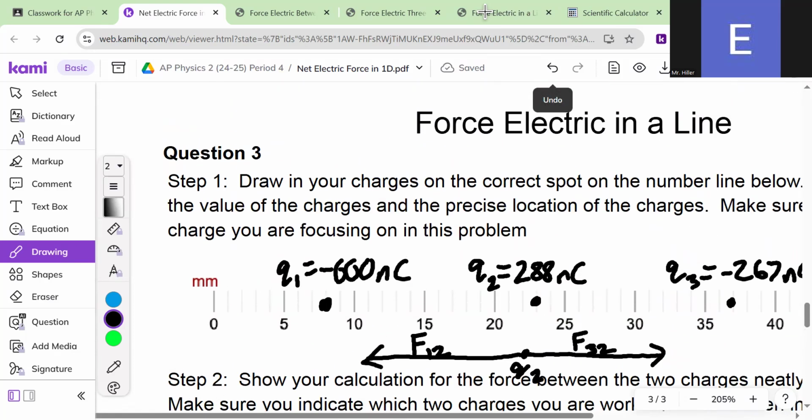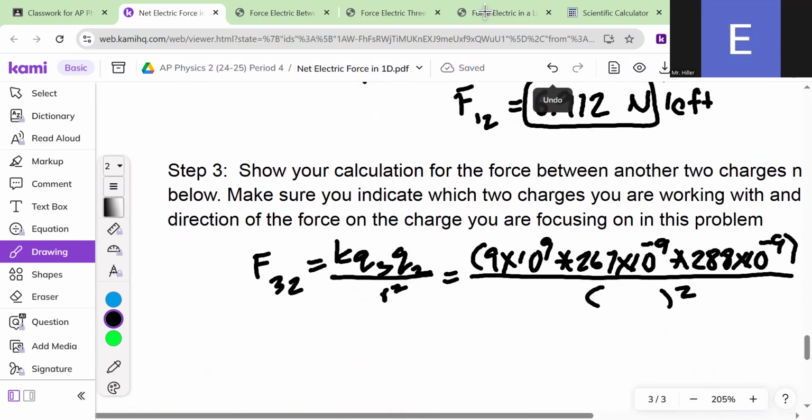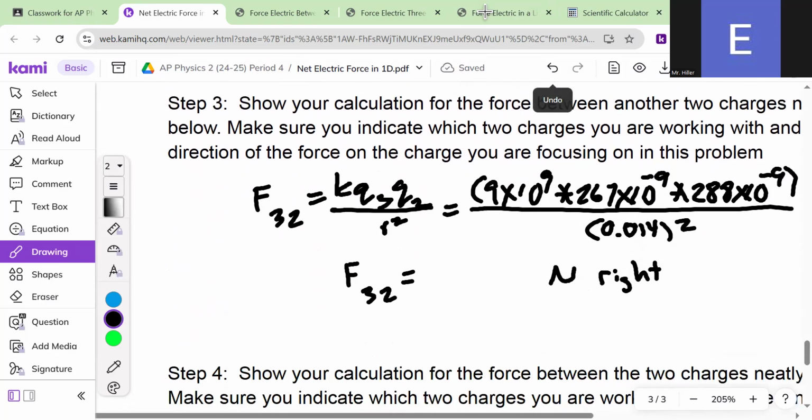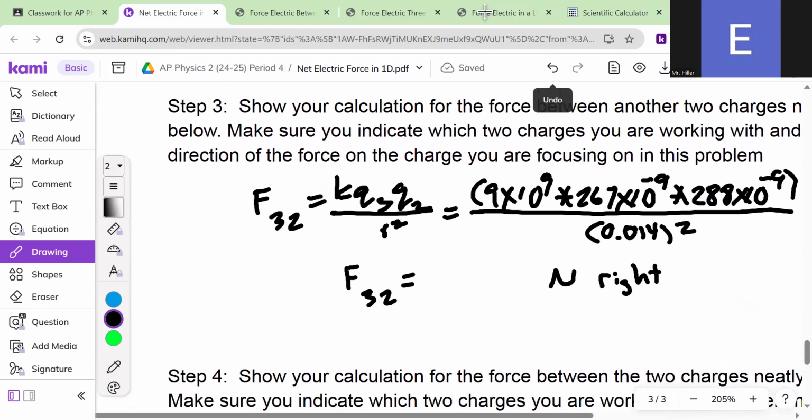The distance between 2 and 3 would be 14, which is 0.014 quantity squared. This one is going to be to the right because you can see charge 3 will pull charge 2 to the right.